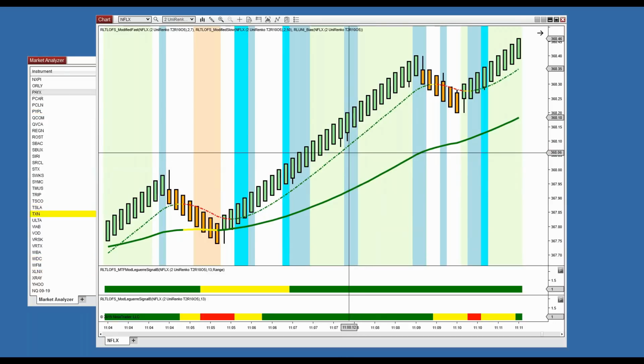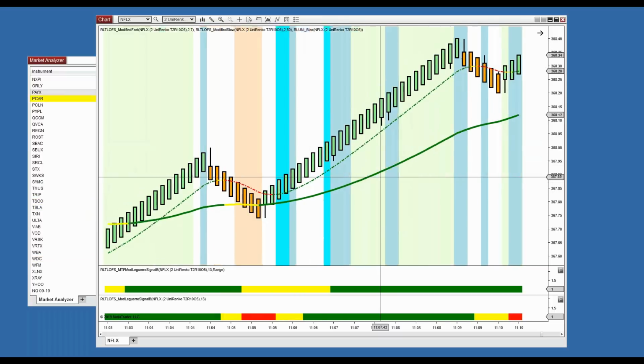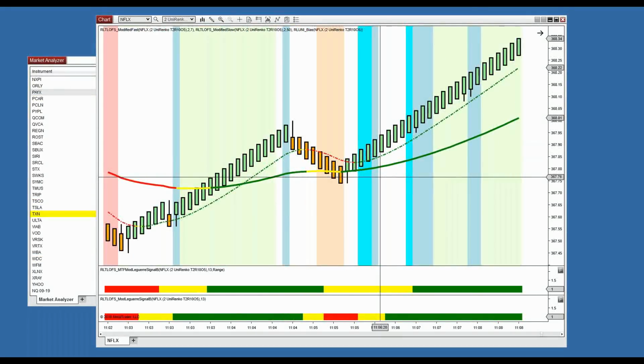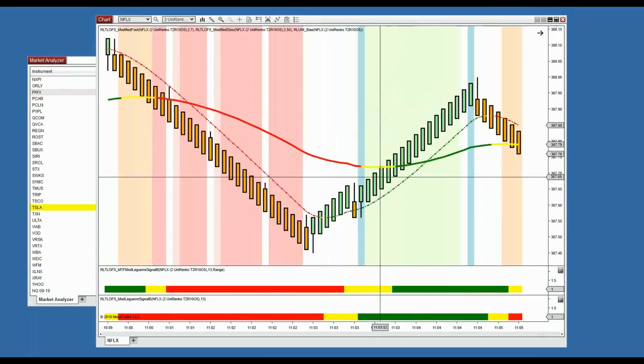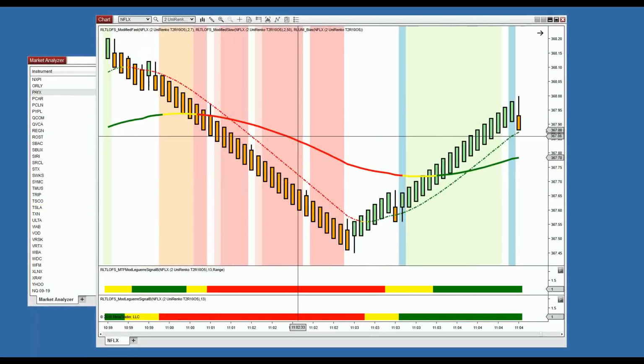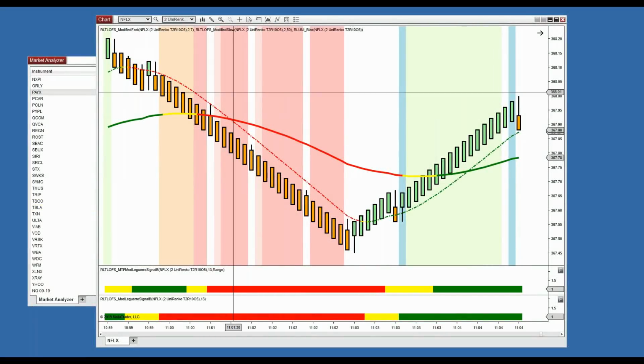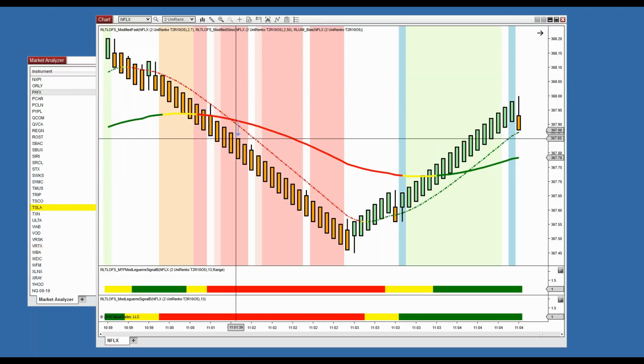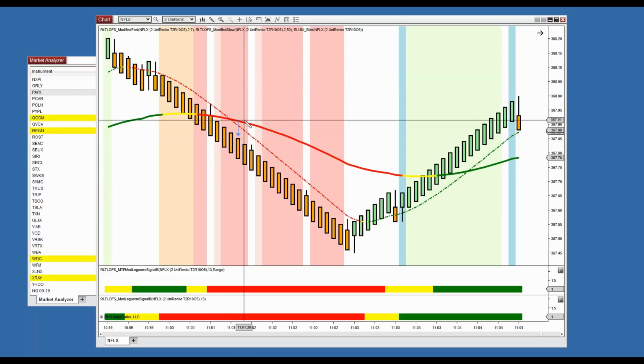So it does a lot of work. And it also analyzes something that almost no scanners do, and that's market structure. And I'm telling you, when price is below the 50, that's when the bears are in control.